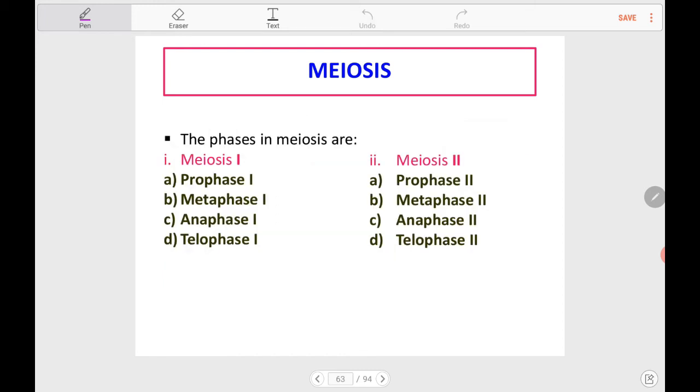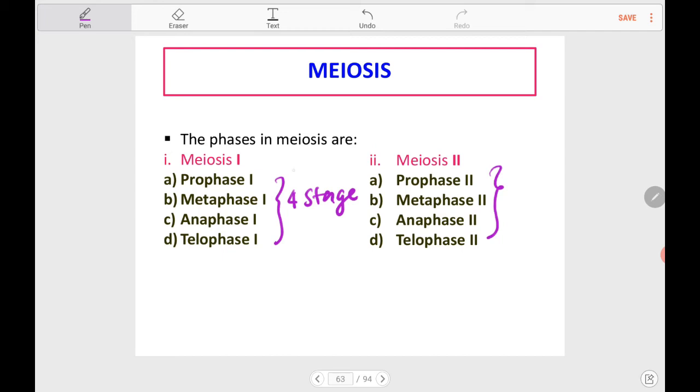So phases of meiosis. So there are two main phases of meiosis, either meiosis 1 or meiosis 2. So each of the phases of meiosis still consists of 4 stages. So nama untuk setiap phases ini sama macam nama untuk stages in mitosis, iaitu ada prophase, metaphase, anaphase and telophase.